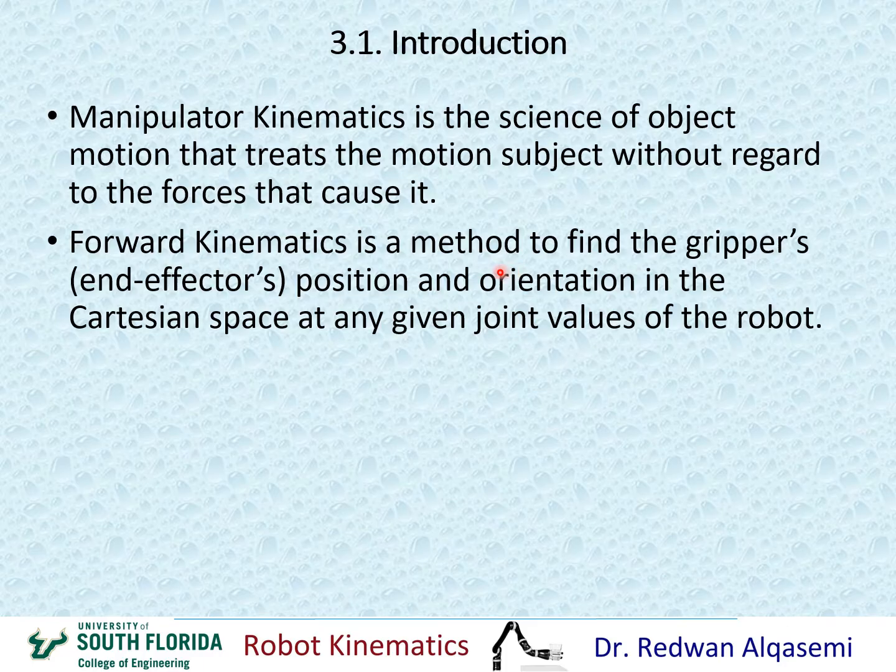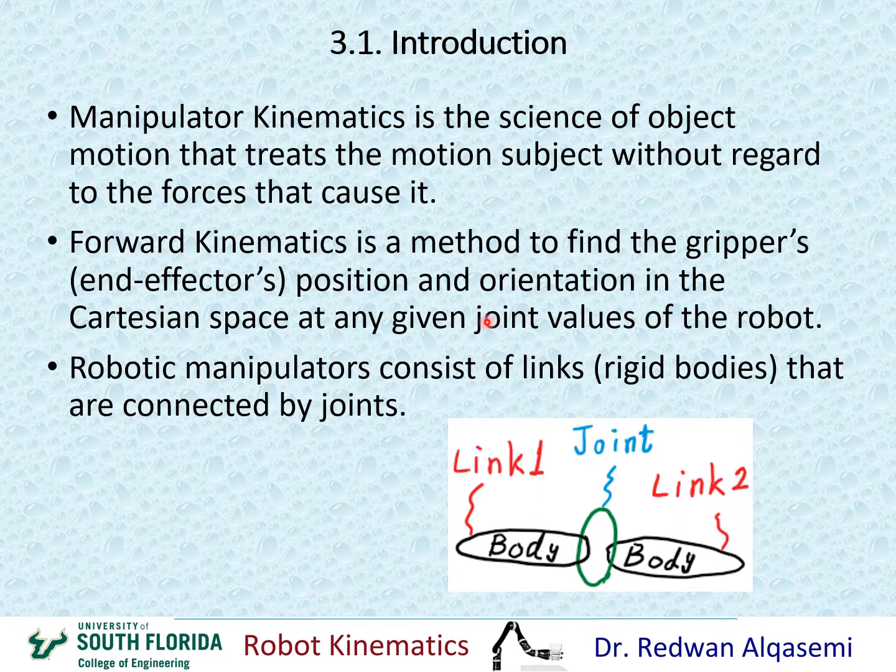Forward kinematics is a method to find the end effector's or gripper's position and orientation in space at any given joint values of the robot. Once we give the joints specific values, where would the end effector be in 3D space?